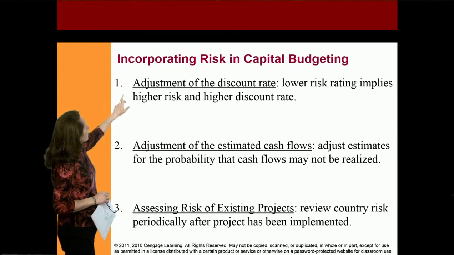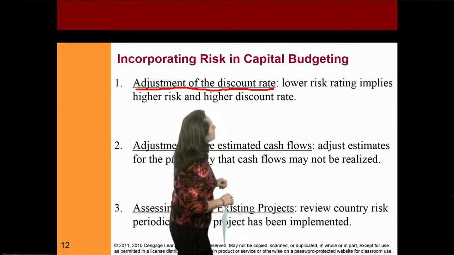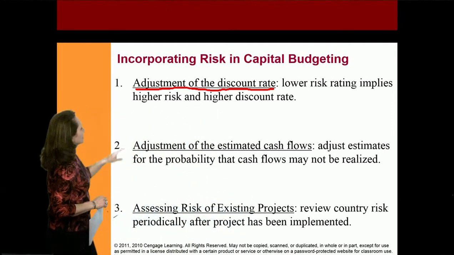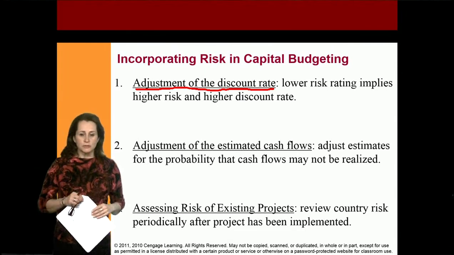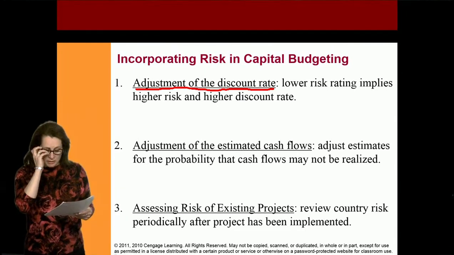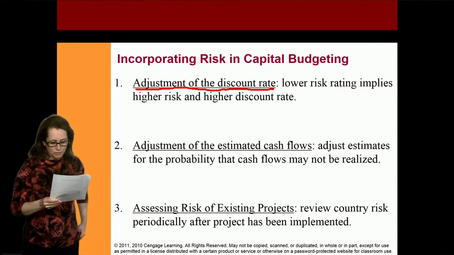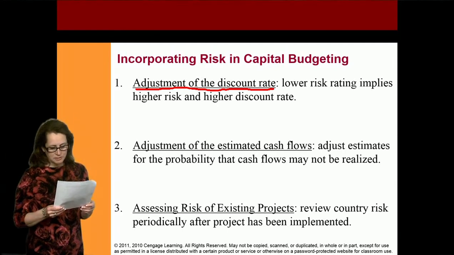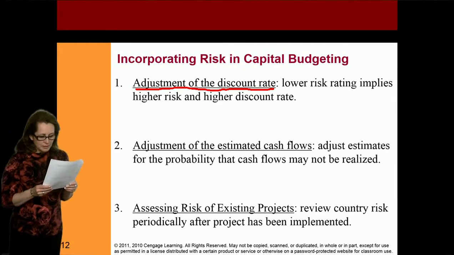When it comes to the discount rate, a lower risk rating implies higher risk and a higher discount rate. You're expecting to get a particular return, and the discount rate of a proposed project is supposed to reflect the rate of return on that project.